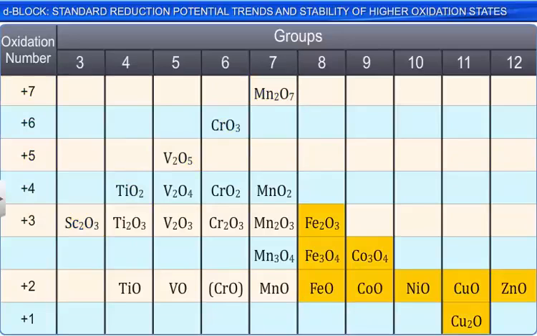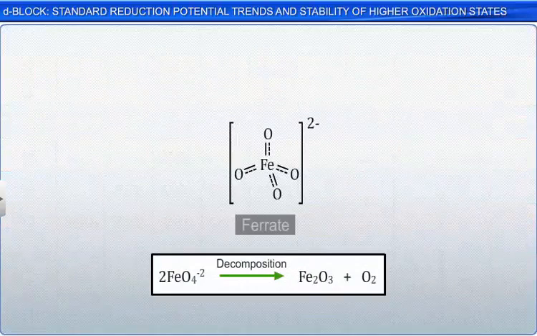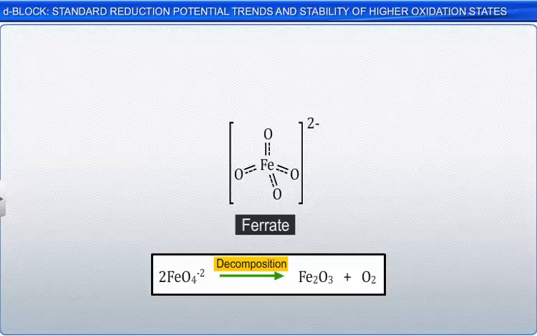No higher oxides are seen beyond manganese. For example, the only stable higher oxide formed by iron is iron 3 oxide. Although iron forms ferrates in alkali media in which iron is in +6 oxidation state, it readily decomposes into iron 3 oxide and oxygen.